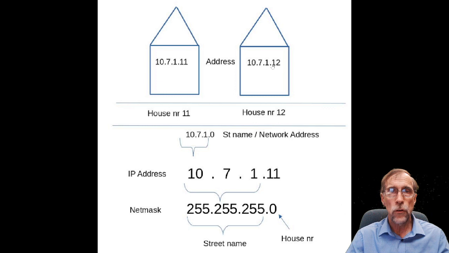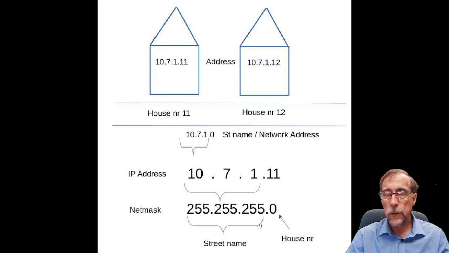Okay, so which of those numbers is the house number and which is the street name? For that, we use the concept of a net mask. So you write the fully qualified IP address, 10.7.1.11, and right underneath each of these digits, you write 255.255.255.0. This is the net mask.